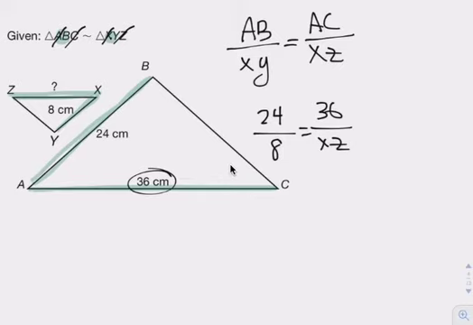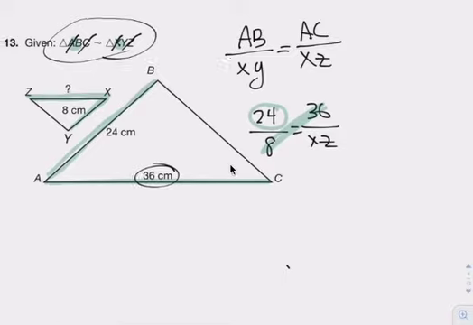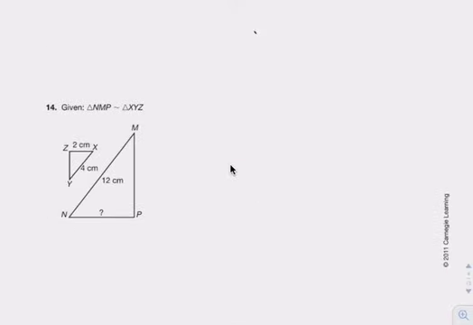Okay? So if you get confused because it's turned upside down, use the similar statement to help you. Multiply these two together and then divide by 24, you'll get your answer. So 8 times 36, divide by 24, whatever your answer is.